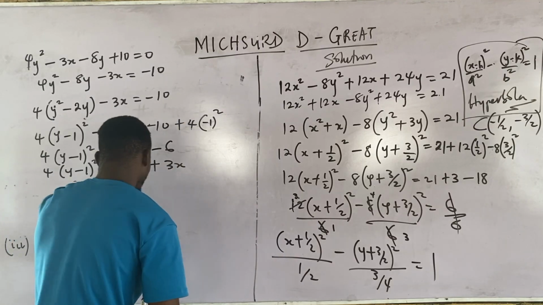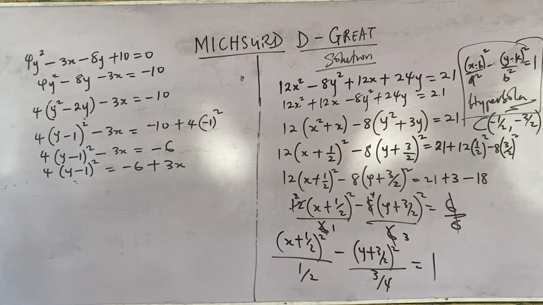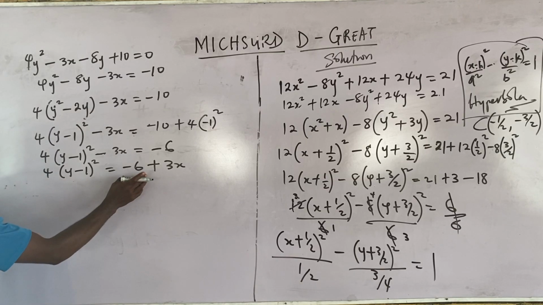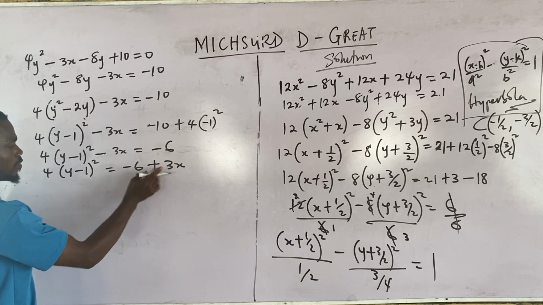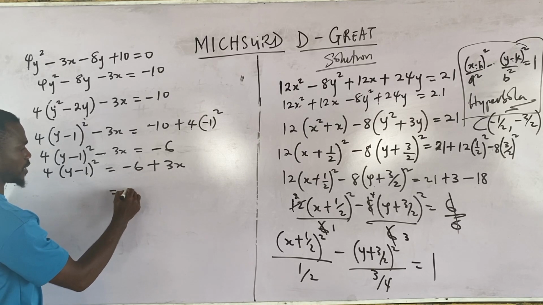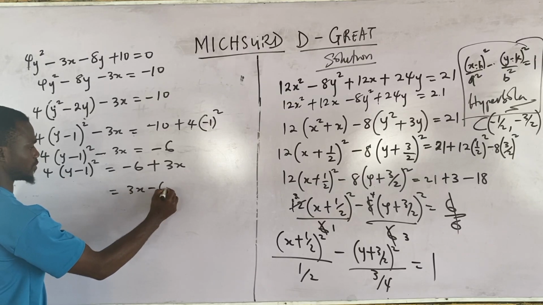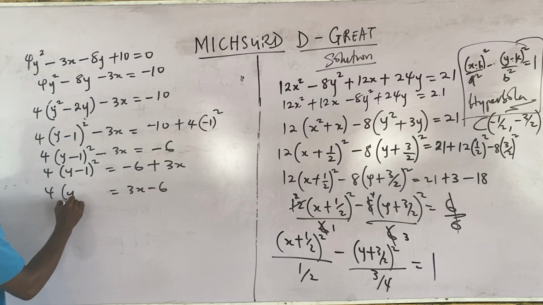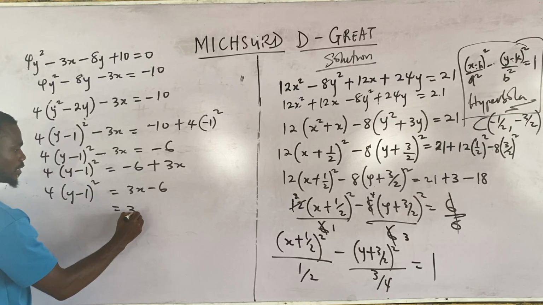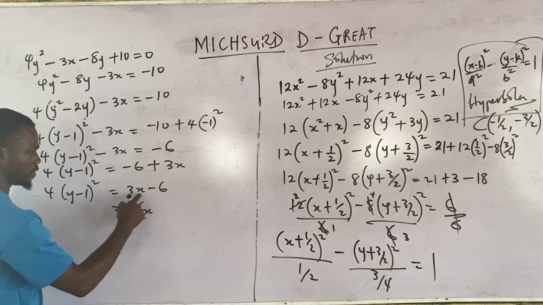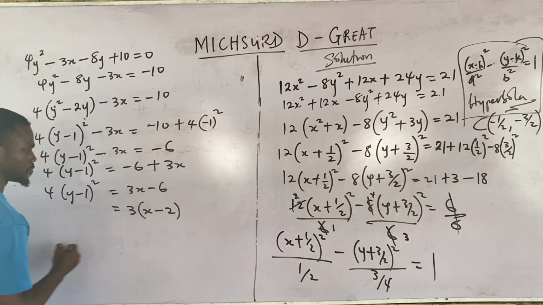So from here we can factor out 3, or we can just do a little rearrangement. So we have 3x minus 6, and here is 4 times y minus 1 squared. If you factor out the 3, x will remain, then we have minus 2.